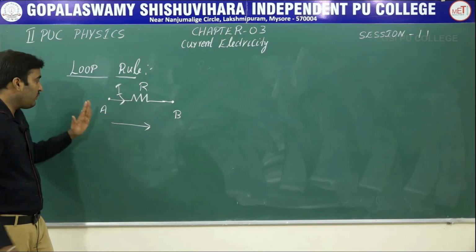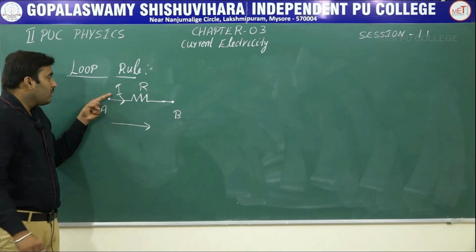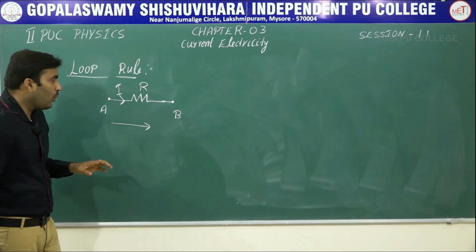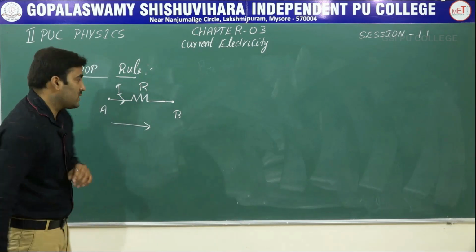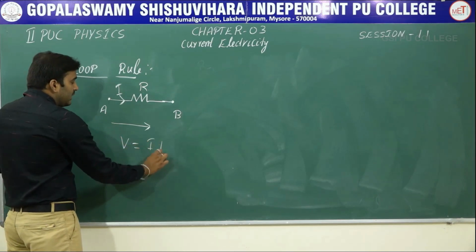The product of current and resistance, I into R, is known as voltage, or potential. V equals I into R.